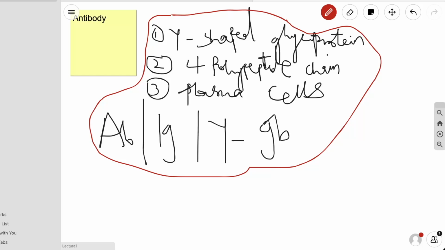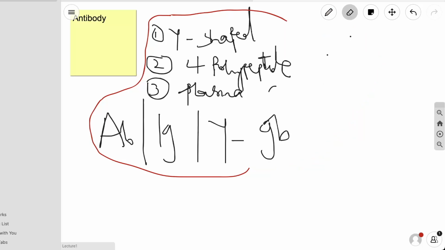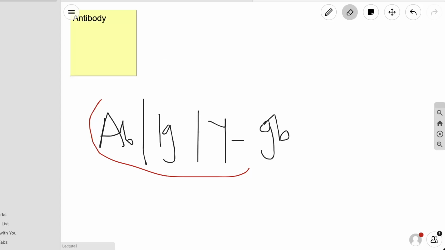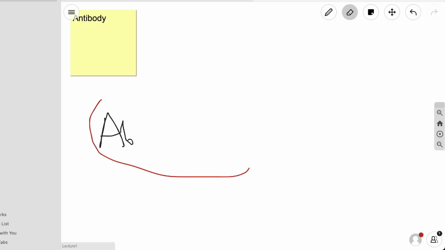Now, we have gotten the definition of this antibody. Let's move into the structure. Remember, we stated that the antibody is Y-shaped, a Y-shaped gamma globulin.